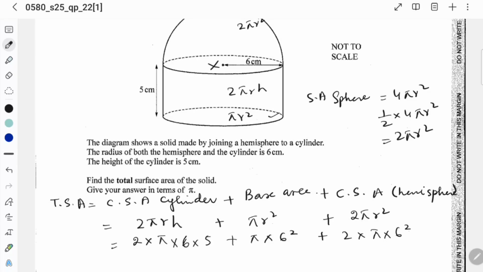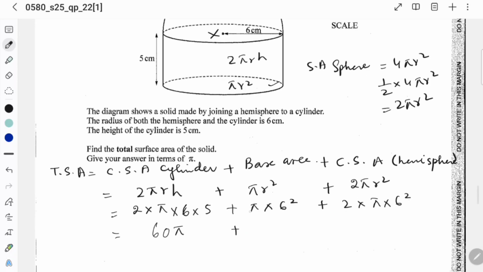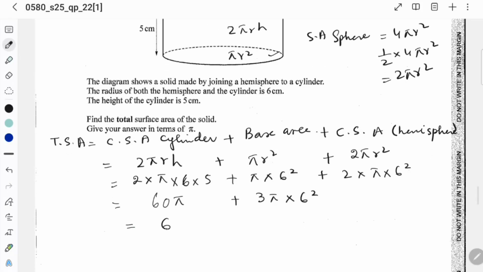And we can take out pi as common as well if you want. So 2 sixes are 12, and then just multiply by 5, that is 60 pi, and then it will become 2 plus 1 is 3 pi into 6 square. It is easier for us to calculate like this: 60 pi plus 36 into 3.